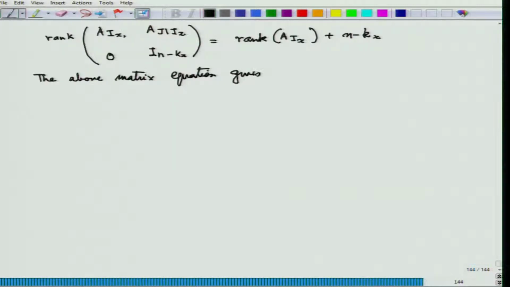gives us a unique solution if the column rank or the row rank is equal to the number of columns. So, it is full rank, that is, if the matrix is of full rank.